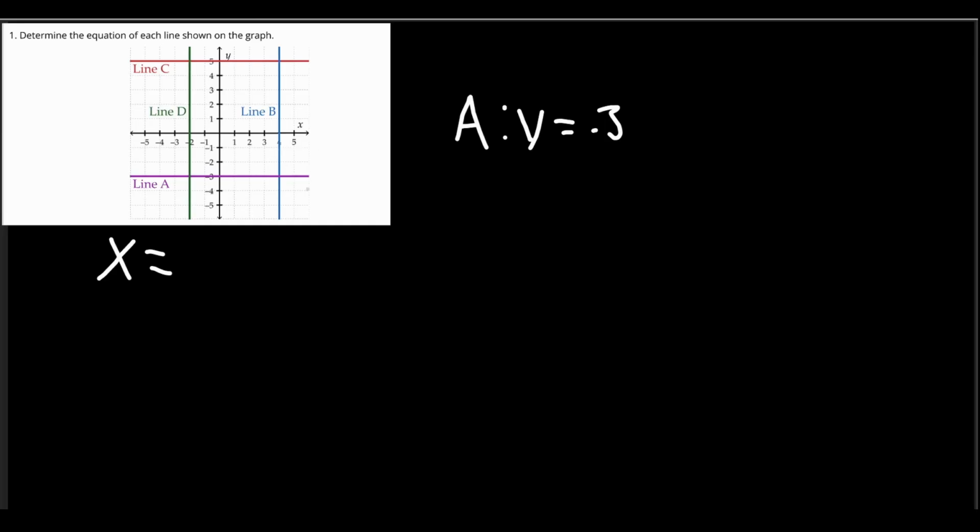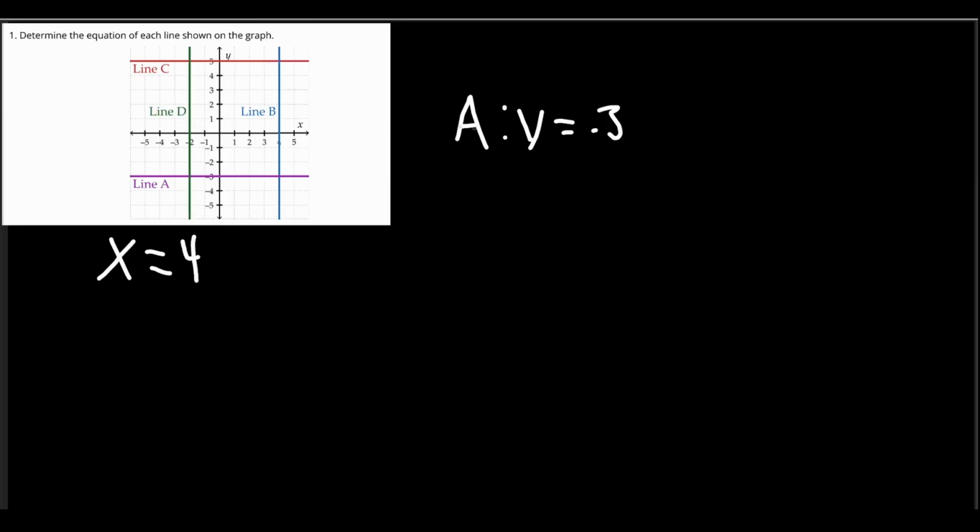But what we can do is just look at the x-intercept, because since it's in the form of x equals something, then we can just put down the x-intercept, and the x-intercept is just what x is when y is 0. And that would be 4 over here, so x is equal to 4.